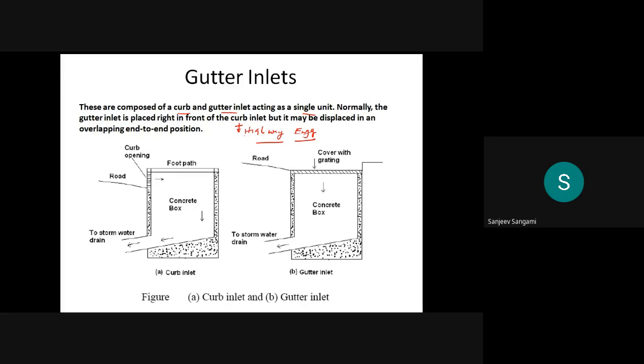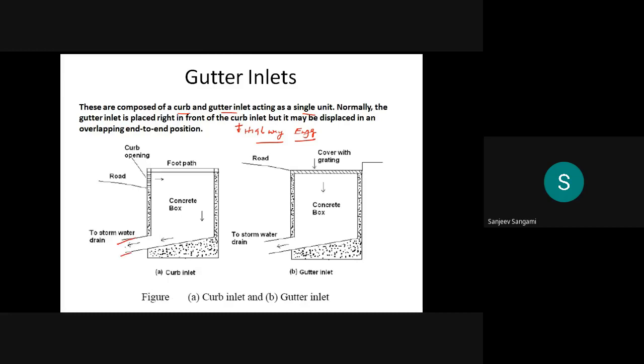There it will be provided so that whatever water is there directly reaches the stormwater drains. Suppose this is a footpath, and this is a road, made up of a concrete box. Then some inlets have to be provided.